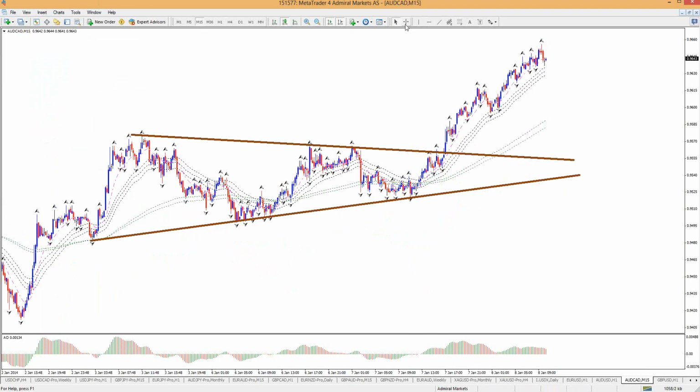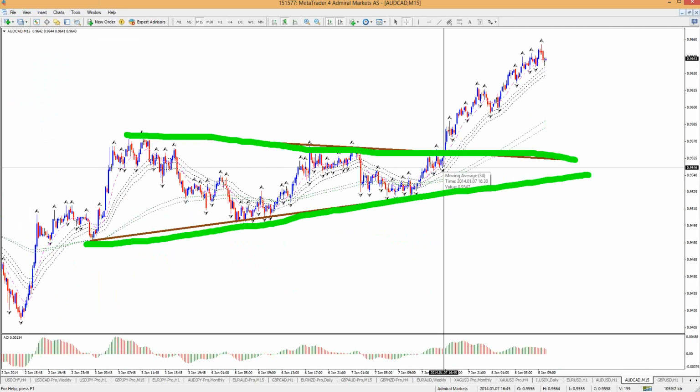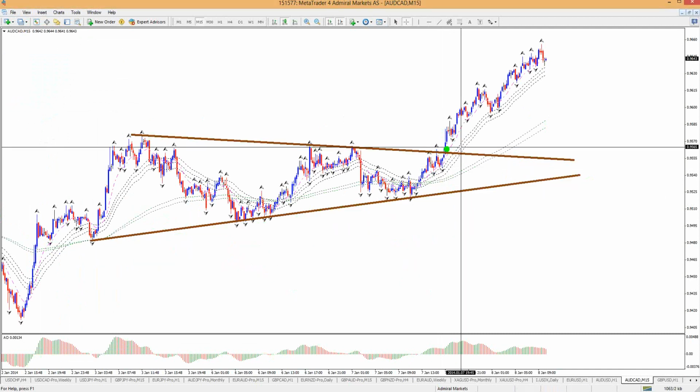OddCAD, let's take a look. Also yesterday afternoon it had a breakout. There were some consolidation setups here, and OddCAD was one of them, and we got the break to the upside here.